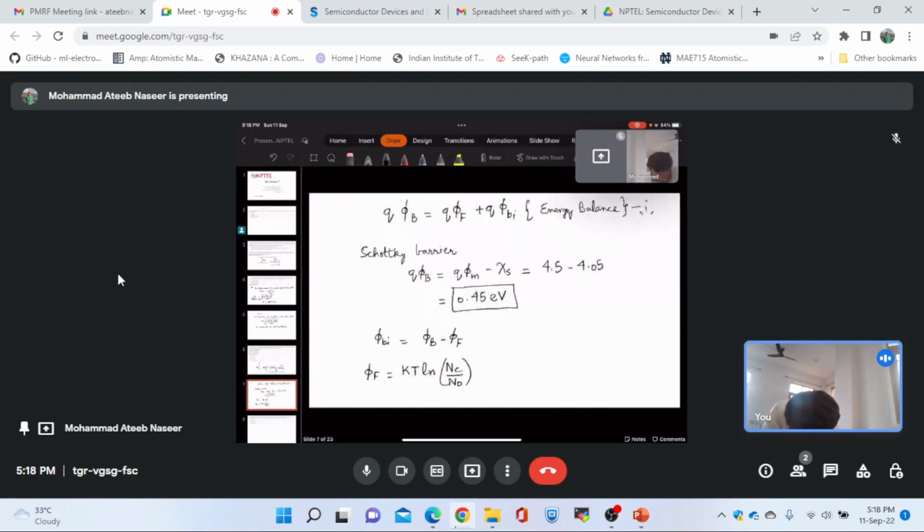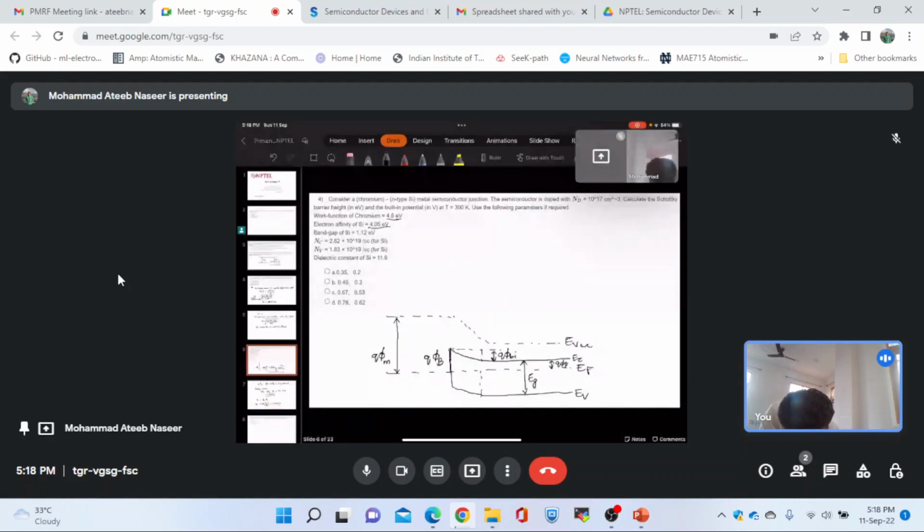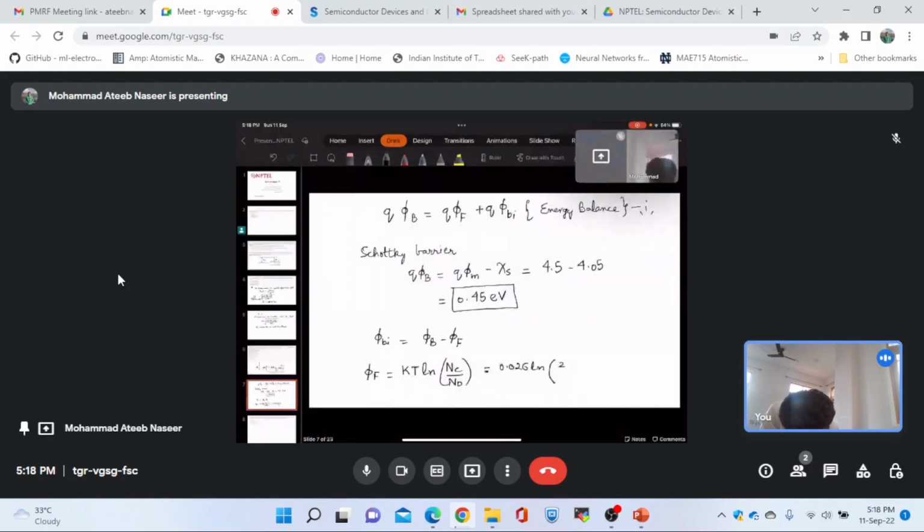Now let me put the values over here. This will become 0.026 into ln of Nc, which was 2.82 into 10 raised to power 19, and Nd, I suppose, was 10 raised to power 17.